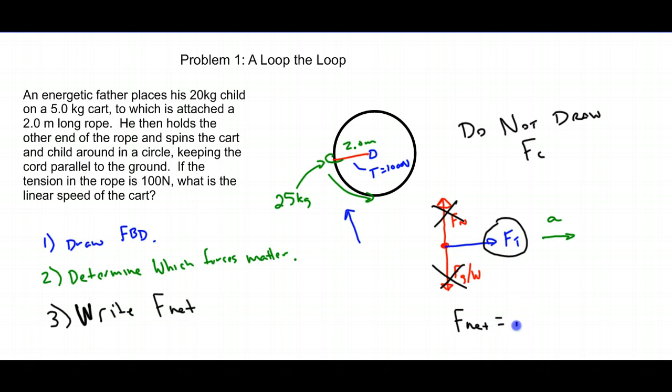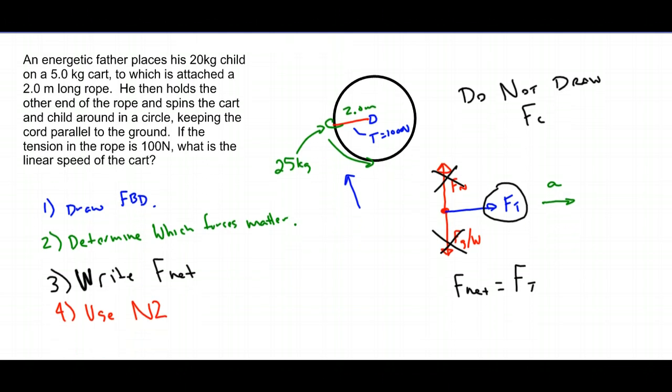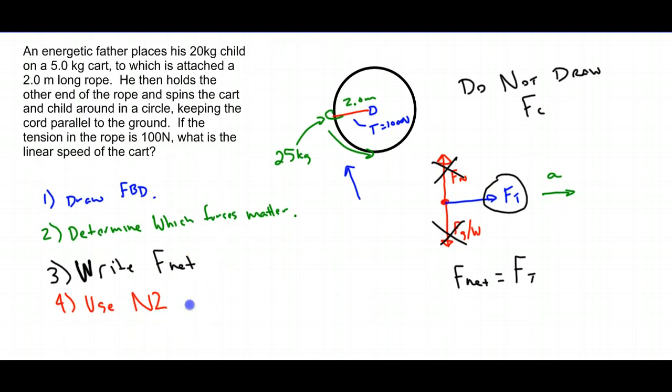So here, our inward force is our tension force, and there is no outward force. Now, the fourth step then is to use Newton's second law, and solve for, we're using our Newton's second law of rotation though, and I'll explain what that is in just a second, which leads us to step number 5, which is solve for whatever we're doing.